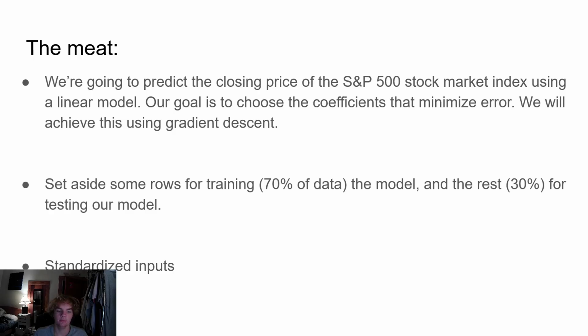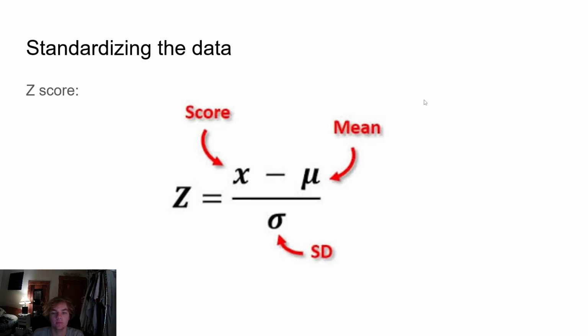Lastly, we're going to standardize the data, which basically just means to put the data on a level playing field. So the method I used of standardizing the data is called z-scoring, and this is the calculation. It's pretty straightforward. Score, basically, this part is just meaning the data point.